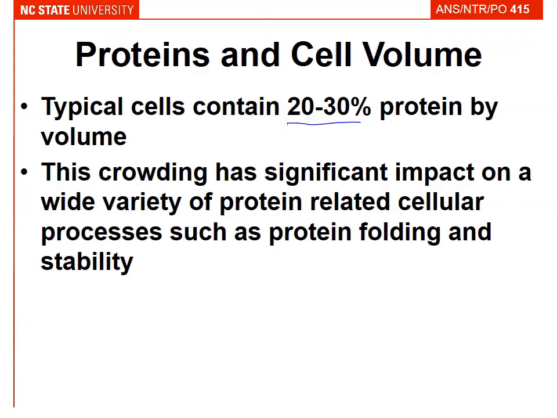So a lot of times protein will lose function the longer it's been working, especially enzymes. We're going to have to disassemble and remake that protein. And a lot of that has to do with the fact that there's so much protein found within the cells, and we have interactions with other proteins.